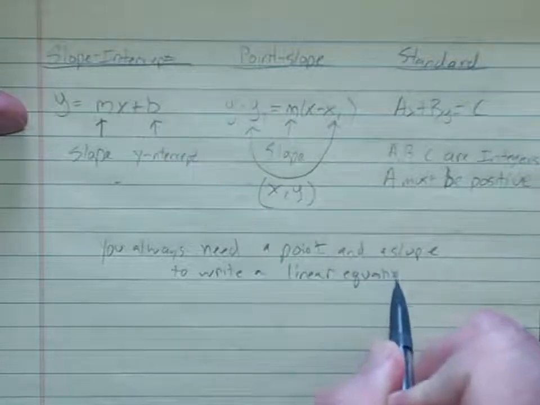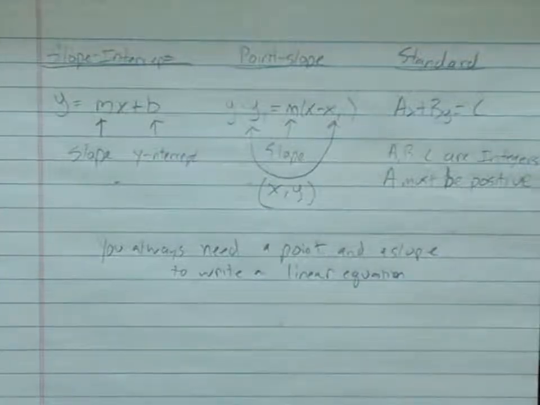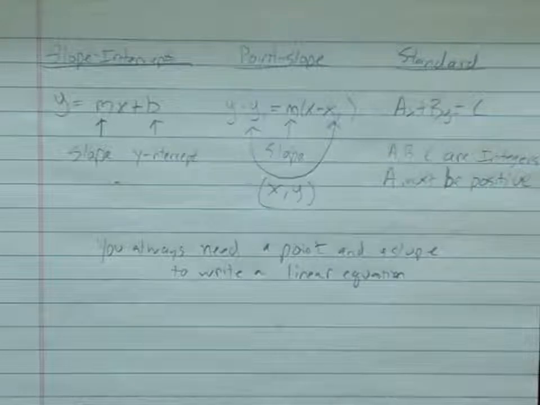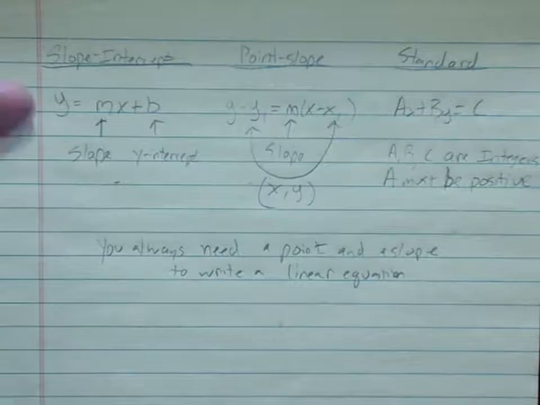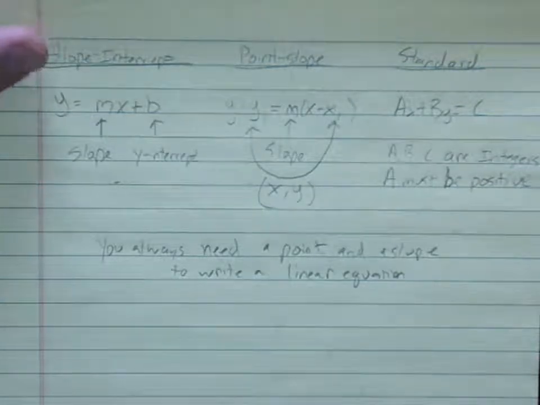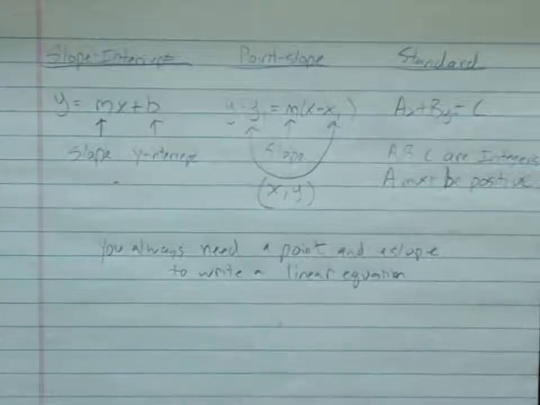Always, every time. Now the question is, where do we get those things from? And this is what happens in math, is there's a lot of different places you can get the information you need, a lot of different ways that it can be expressed to you, and you have to be able to take those things and do something with them. For the most part, though, we'll limit it to just three things. Sometimes they can be given to you. That's the first one. When that happens, awesome.